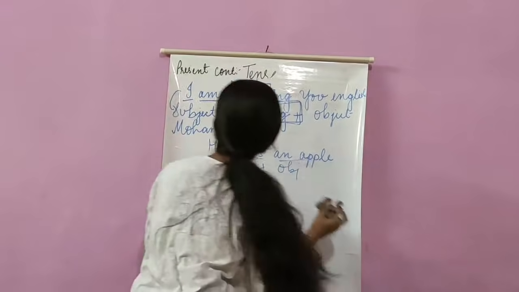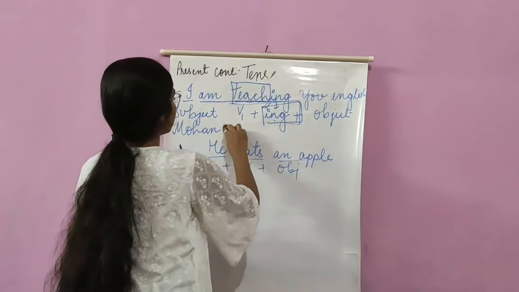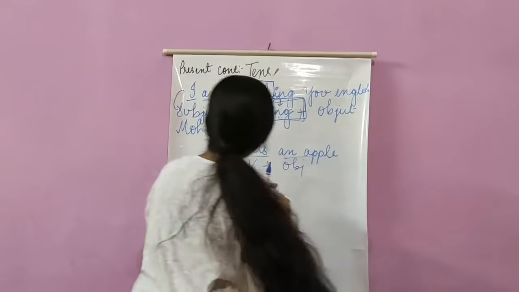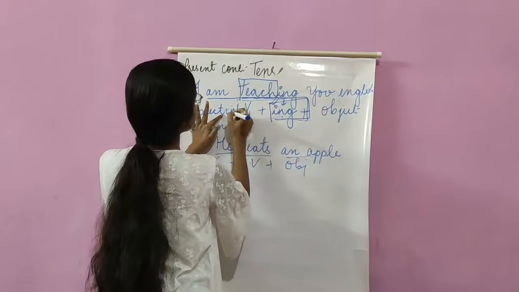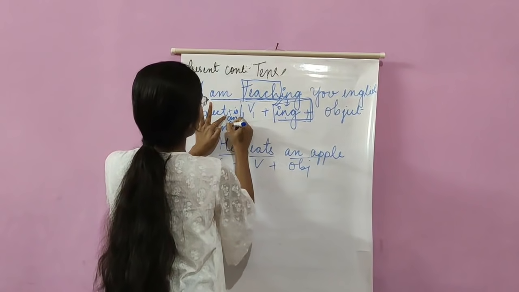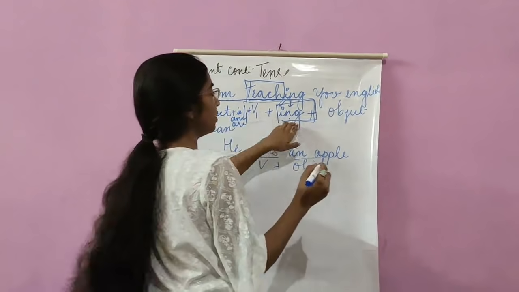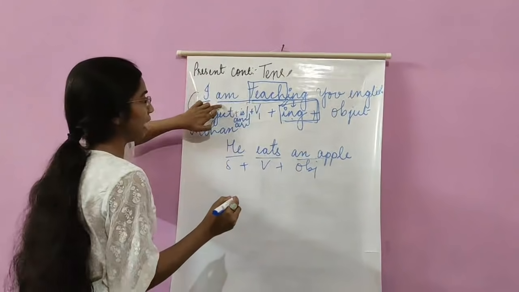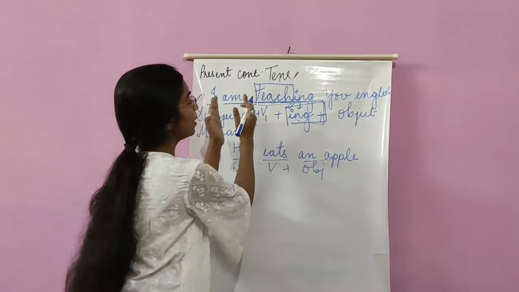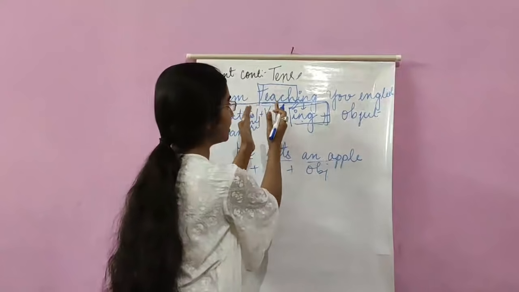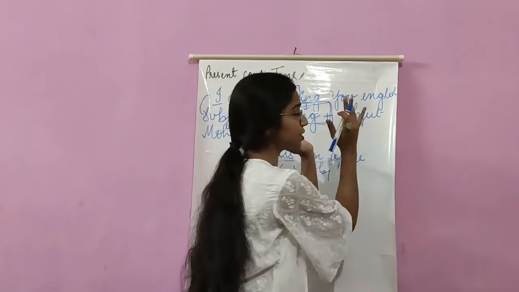Students, I forgot one thing over here. In case of continuous sentence, a helping verb also is a must. Subject plus is, am, are plus base form of the verb plus ing. Here I have used am. No, I forgot to mention it separately. The structure is subject plus helping verb, or is, am, are, plus base form of the verb plus ing plus object.